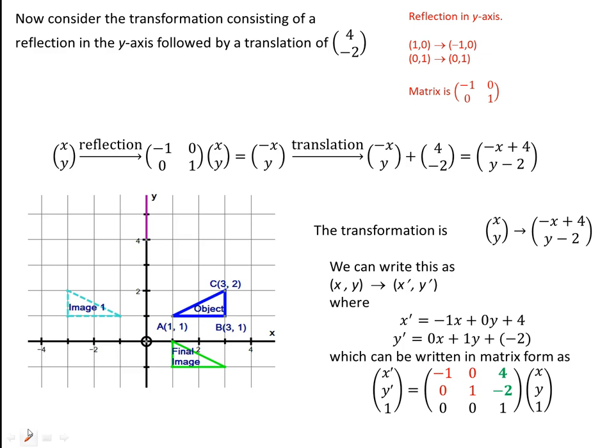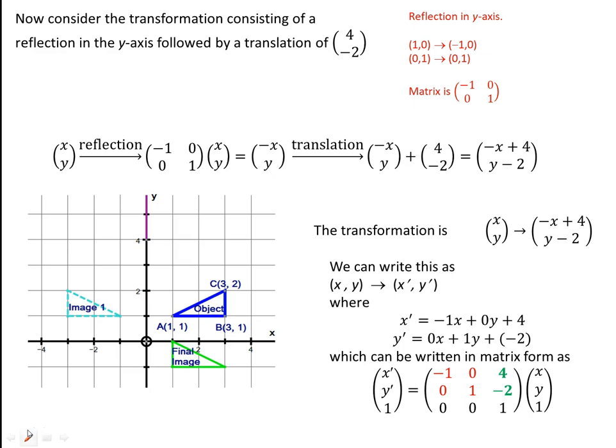If you look carefully at this final matrix, you can see that the 4 numbers in the top left-hand corner of the 3 by 3 matrix are precisely the 4 numbers in the 2 by 2 matrix, which represents the reflection in the y-axis, which represents the first part of the transformation.